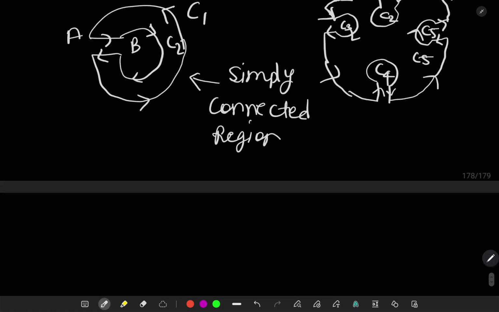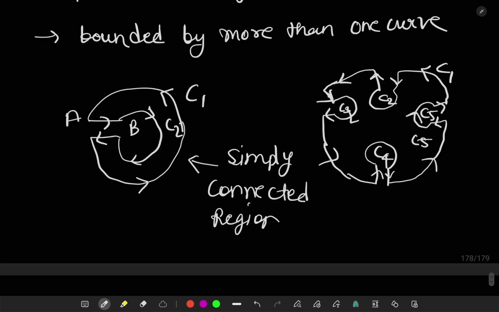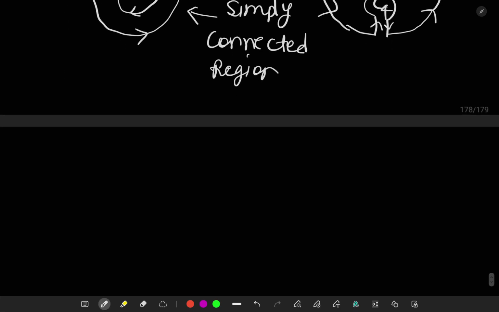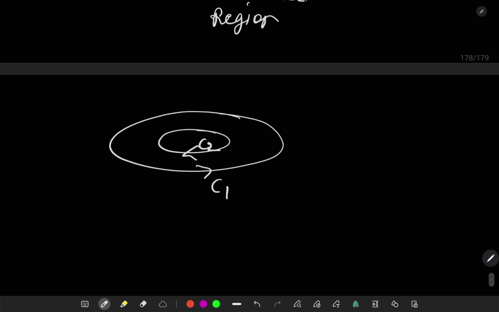Now this is a simply connected region, as we converted this from a multi-connected region. This is C2 and this is C1.